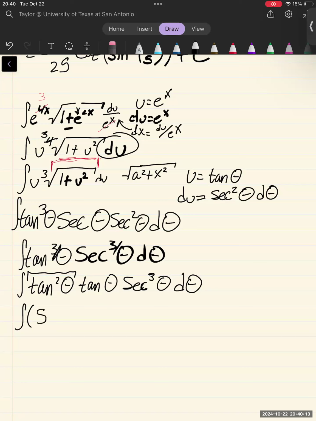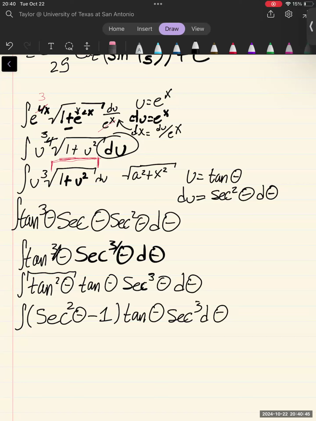Secant squared theta minus 1. Negative. Nice, thank you. And then we get tan theta secant cubed d theta. Oh, and this is secant squared. All right.